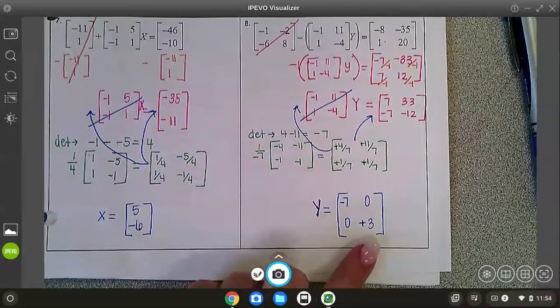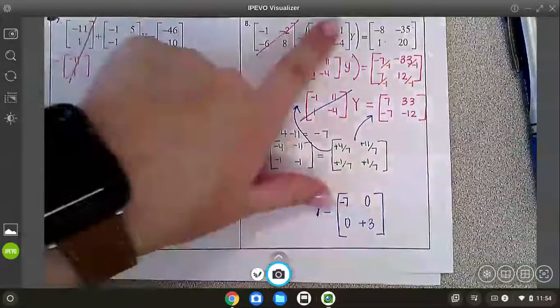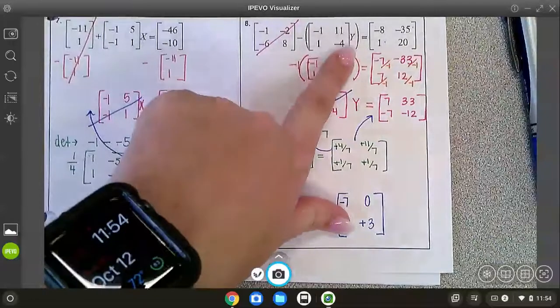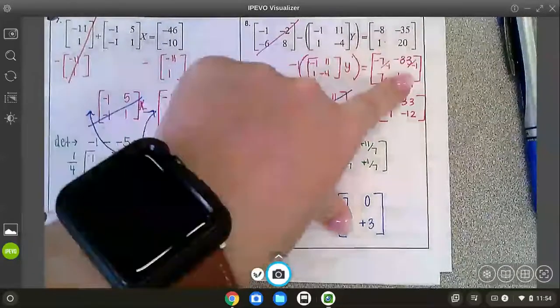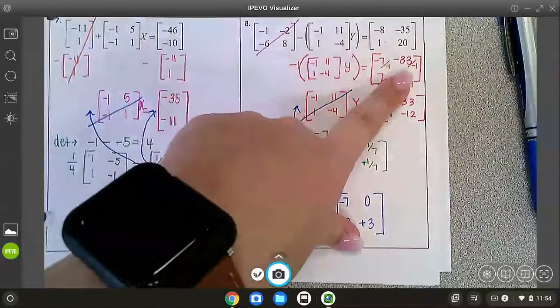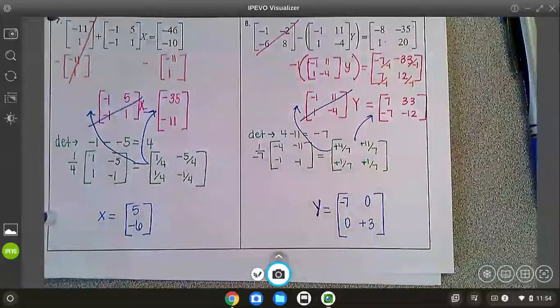So it's important what I did to check my answer. I went back and typed this in, but I filled in this matrix for y. And when I did it the first time, I did not get this. So I knew I'd messed up somewhere. And I found it there. Luckily, it was something small.